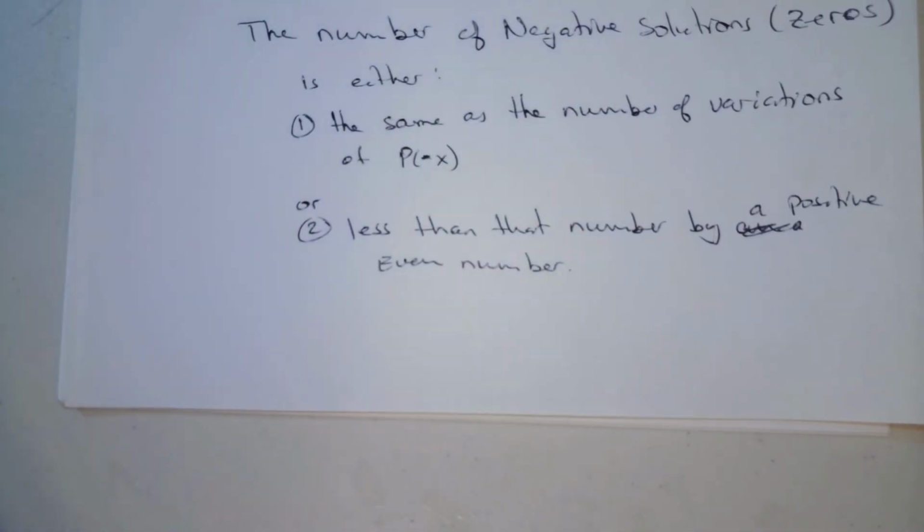All right. You remember, we also have zeros with multiplicities, so that's going to be addressed a little later.